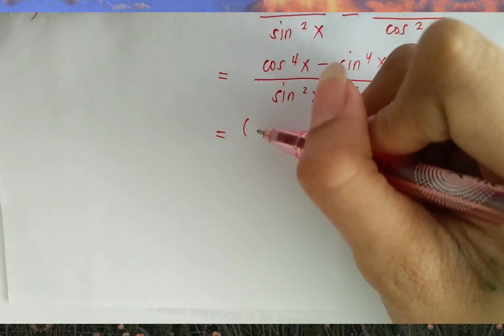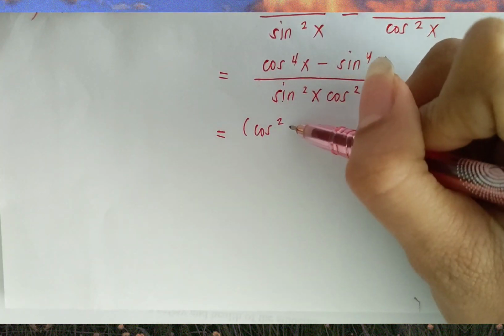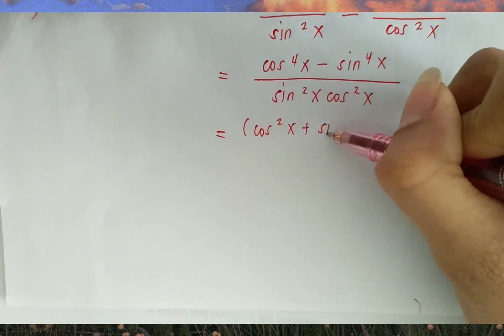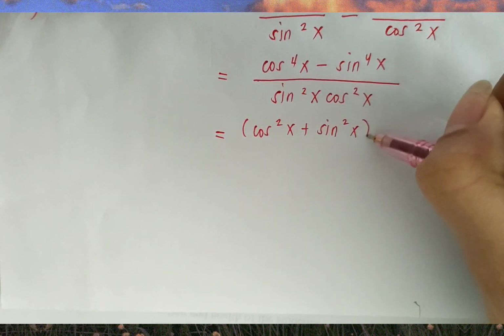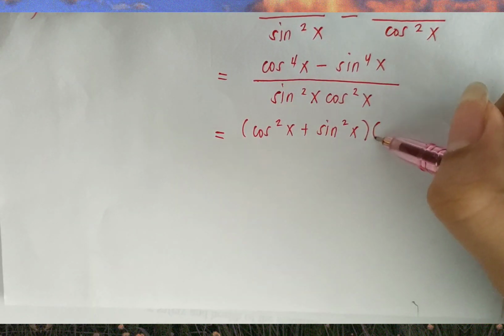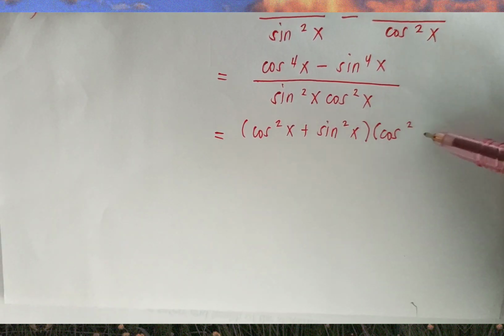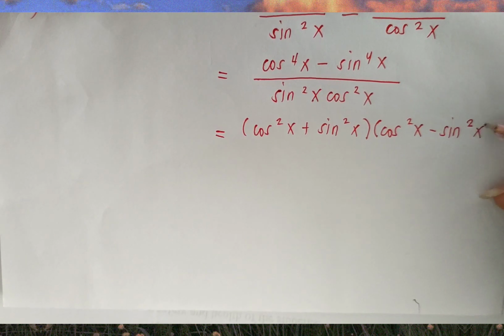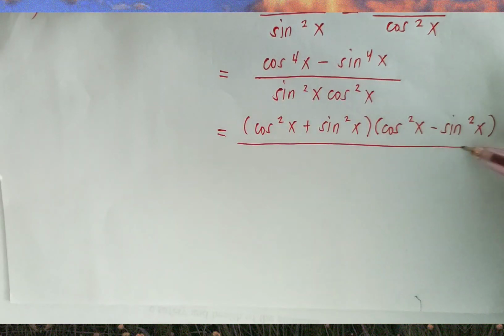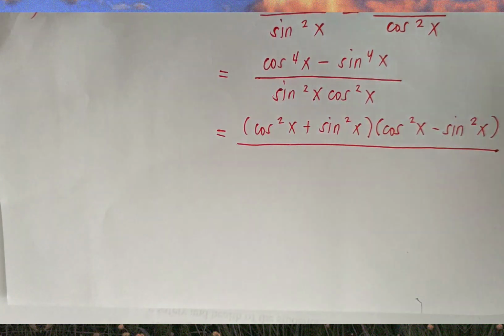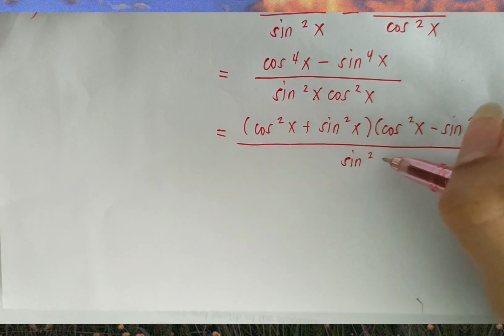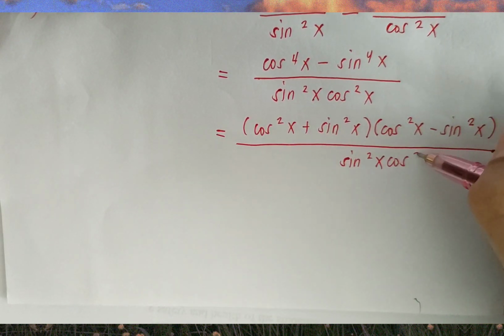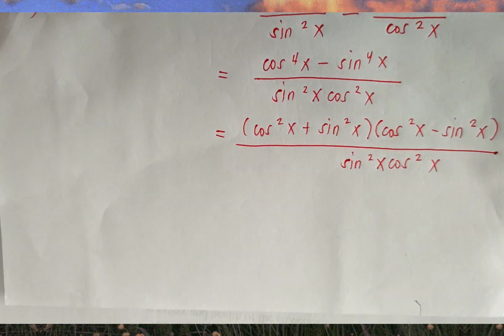Okay, groupings. We have cosine squared x plus sine squared x, then another group, cosine squared x minus sine squared x, all over sine squared x cosine squared x.